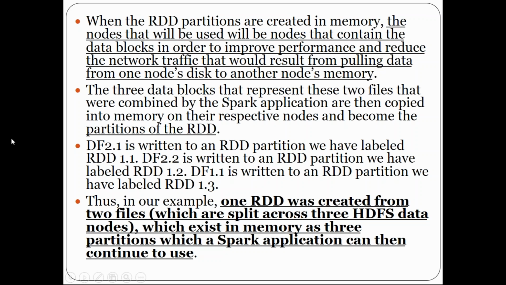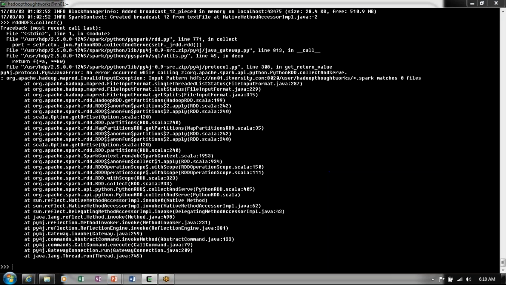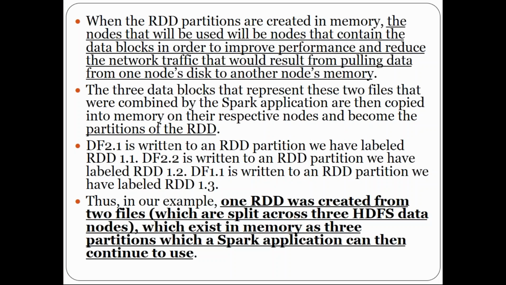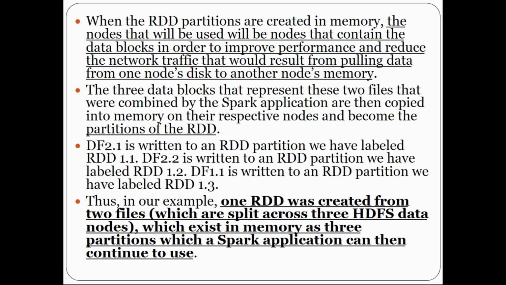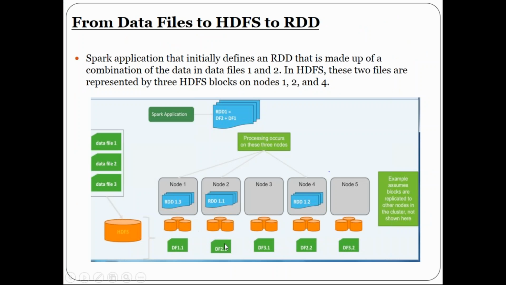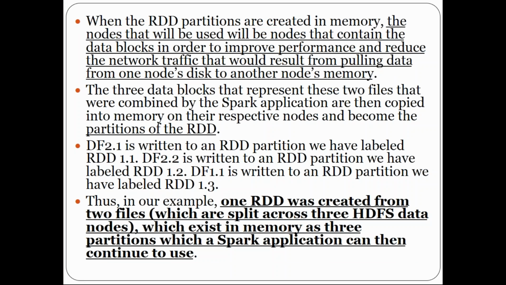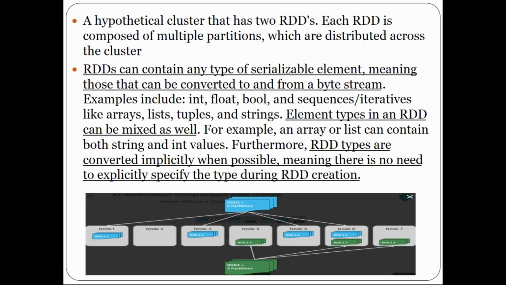Now, data file 2.1 is written to the RDD partition we have labeled as 1.1. Your 2.2 is written to an RDD partition which is 1.2.